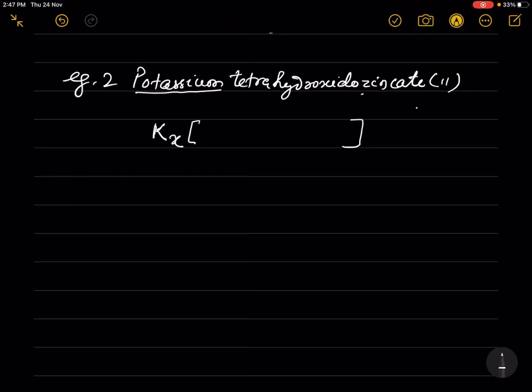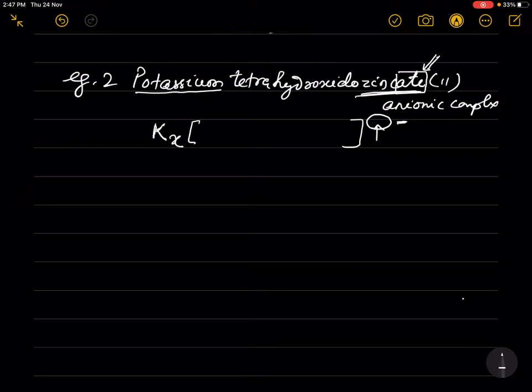Then in the complex part, I have to list the central metal. Here zincate is written, so this is an anionic complex. Another way to find whether the complex is cationic or anionic is from the name. So definitely this is a negatively charged complex.